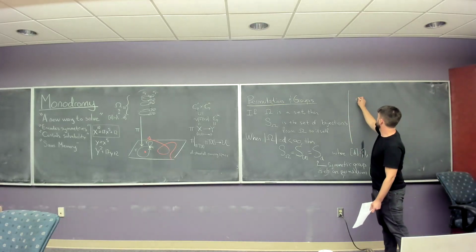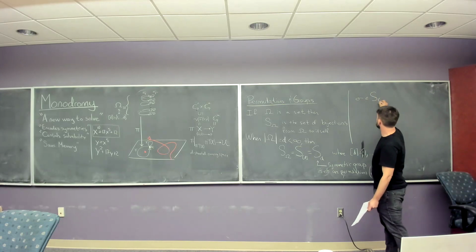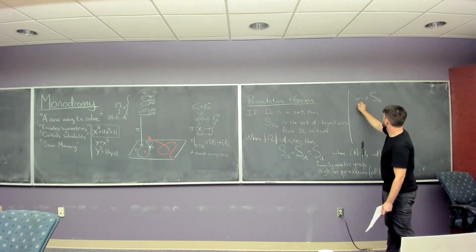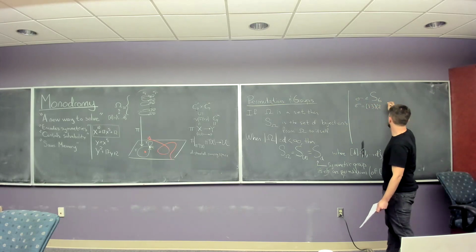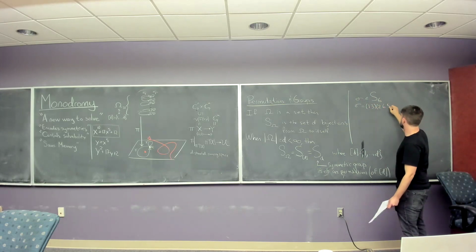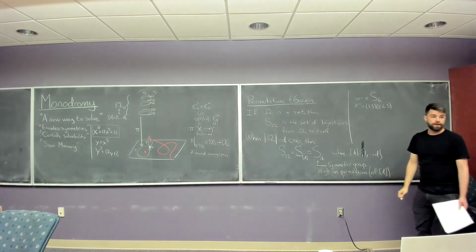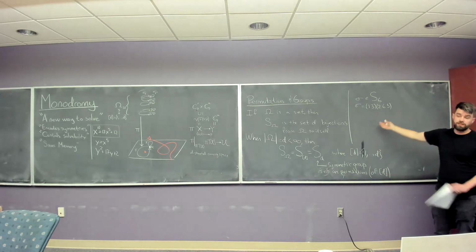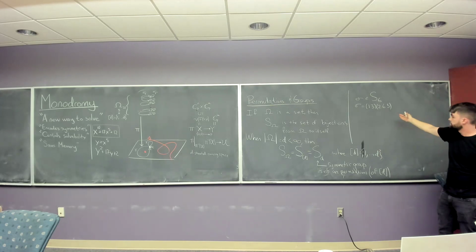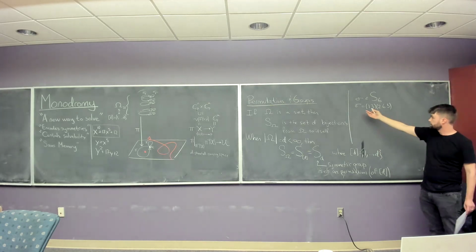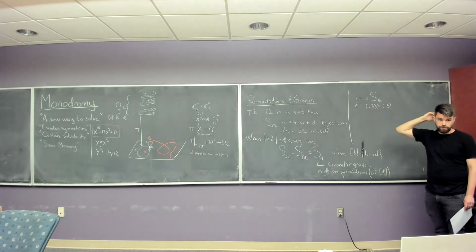Let's do an example. Let's pick something in S6. How about sigma? I haven't told you anything about the notation I'm using, but now I will describe how what I've written is a function from the first 6 numbers to the first 6 numbers.